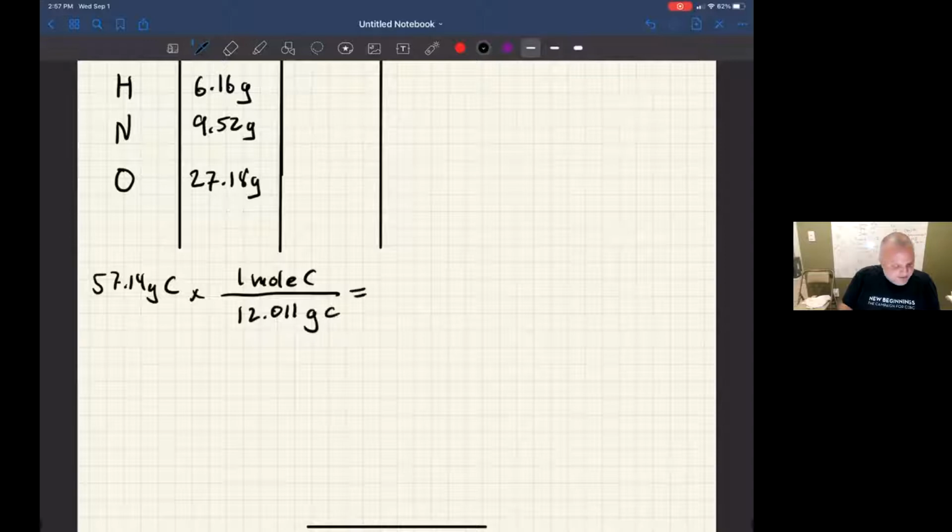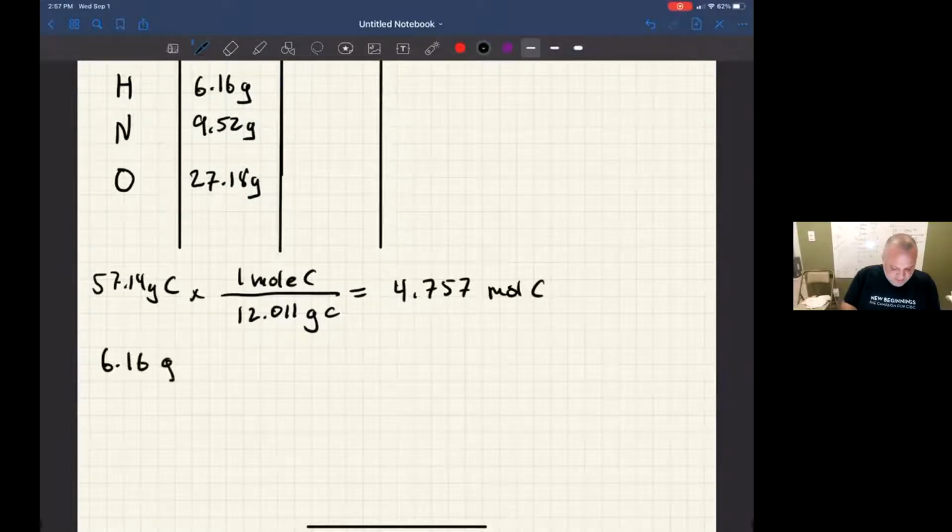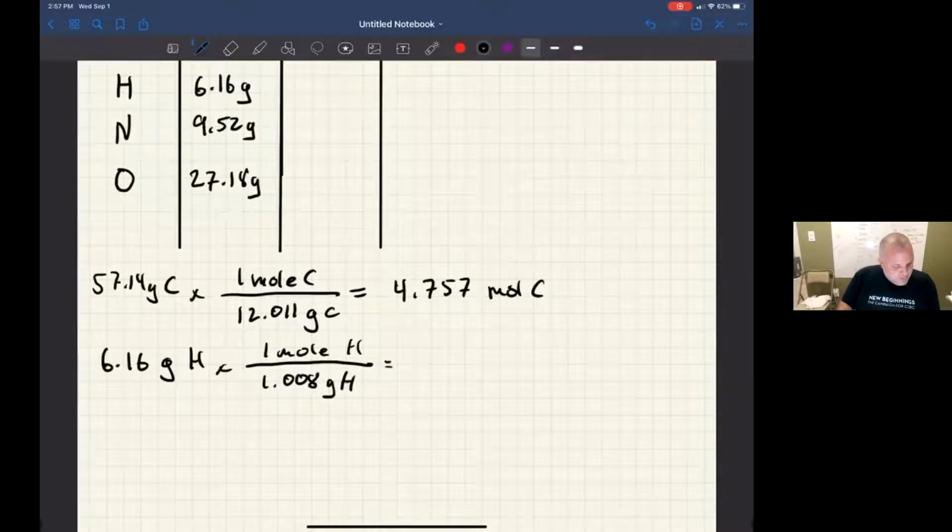And so what do I get from this? 4.757 moles of carbon. Doing the same thing for the 6.16 grams of hydrogen divided by its molar mass of 1.008 grams per mole, I get 6.11 moles of hydrogen.